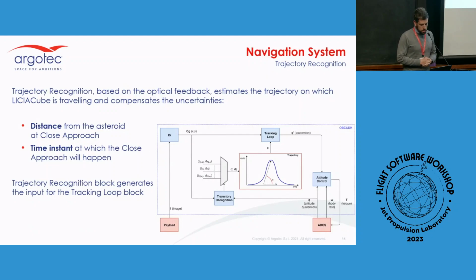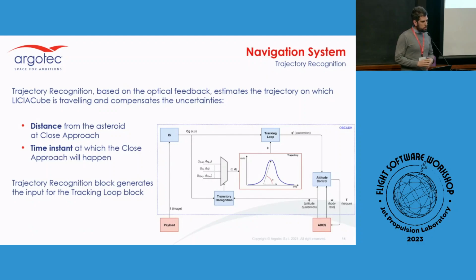But of course, this was not possible because of uncertainties. And so this block has the role to resolve distance and time uncertainties on the trajectory. And it does so using the information coming from the pictures.